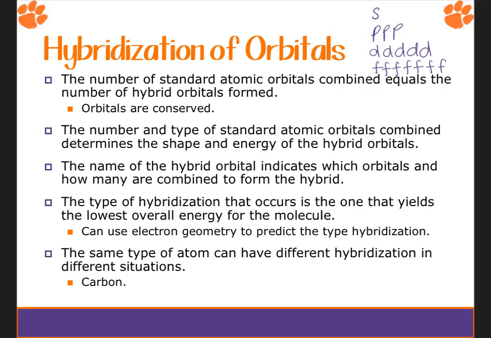And just because an atom bonds one way and has a certain set of hybrid orbitals in one molecule does not mean that's the only way it can form hybrid orbitals. Especially with carbon, we're going to see that in one situation it's going to have one set of hybrid orbitals, and in a different bonding arrangement, it's going to have a different set. So this is just an overview. Keep this in mind. Come back to this slide once you get into the thick of it, and hopefully it will make sense as we go through.